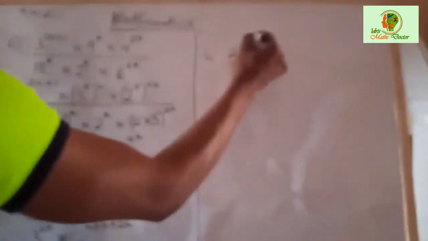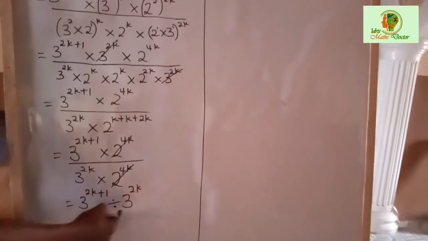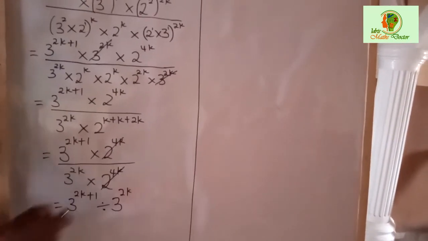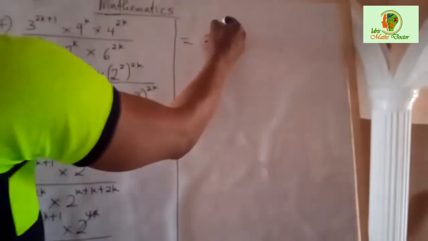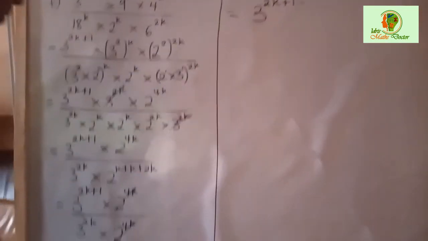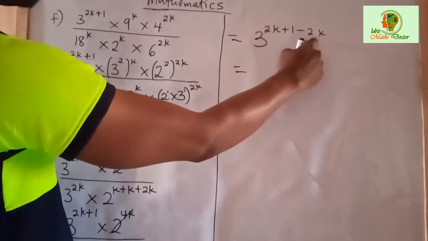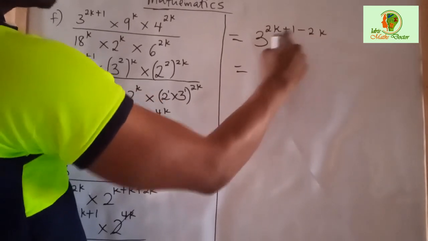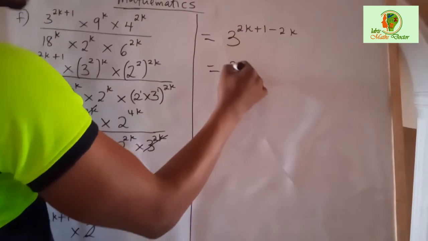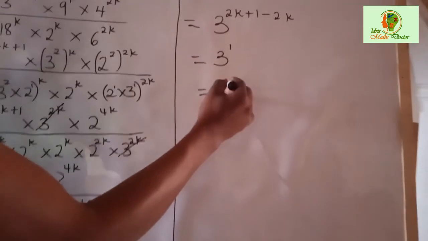We pick 1, and since the sign is division, we are going to subtract the powers. So that gives us 2k plus 1 minus 2k. 2k minus 2k will give us 0. Okay, 2k minus 2k is 0. So we have only plus 1 left, which is the same as 3 raised to power 1. Remember, anything raised to power 1 remains the same. So that gives us 3.